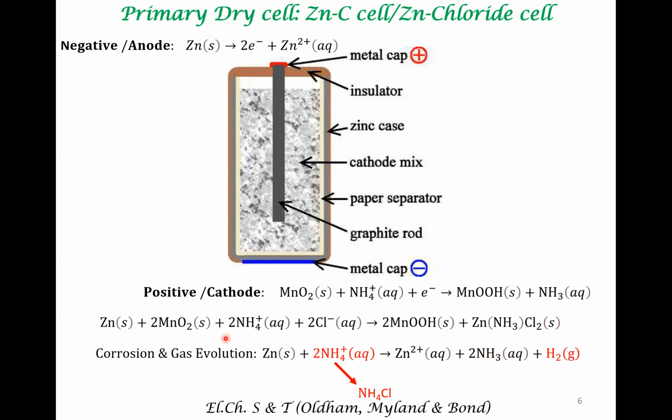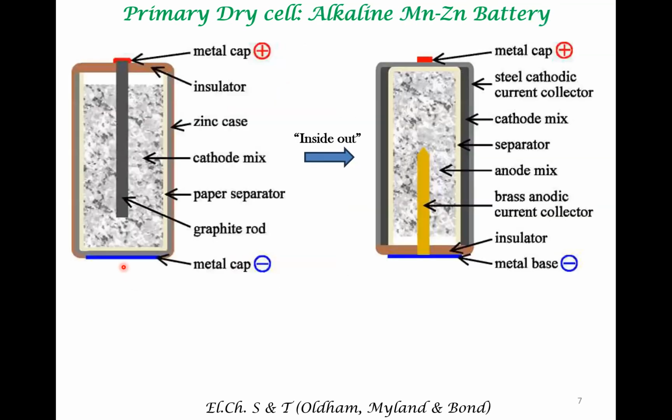So corrosion and gas evolution is the big disadvantage of this particular battery. So that was overcome with a very, very popular battery that is still produced in large quantities. This is the so-called alkaline battery that I introduced in the second slide.